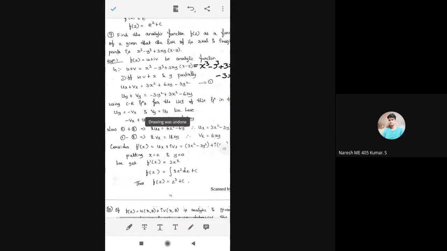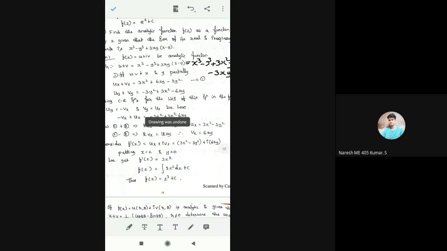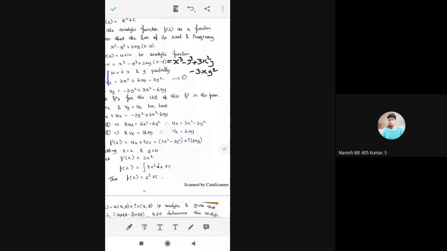So next one is with respect to y we need to do differentiation. So when you do with respect to y differentiation, what we'll get, uy plus vy is equal to, same thing, x cube is constant because with respect to y we are doing, so that will not come. Now differentiate with respect to y for y cube, so it is 3y square, so it is minus 3y square.